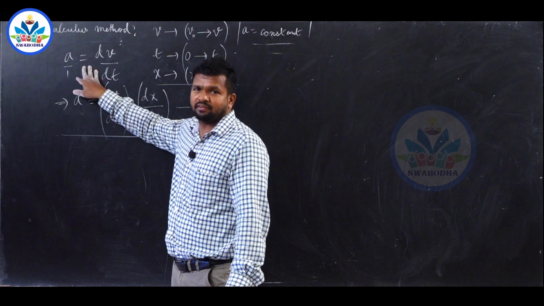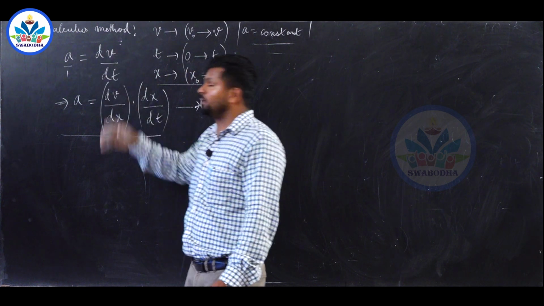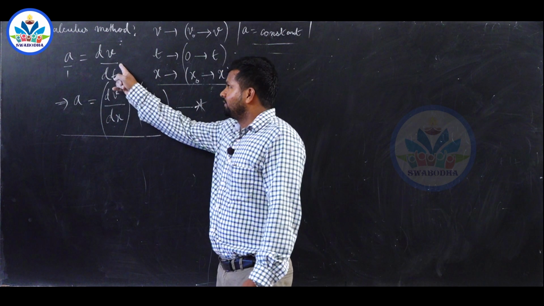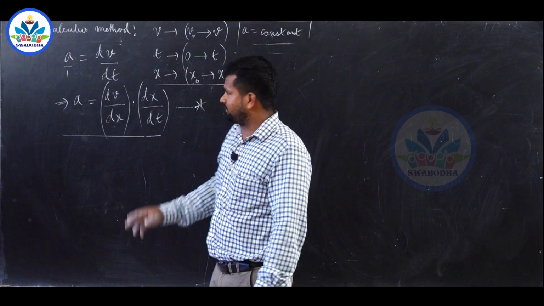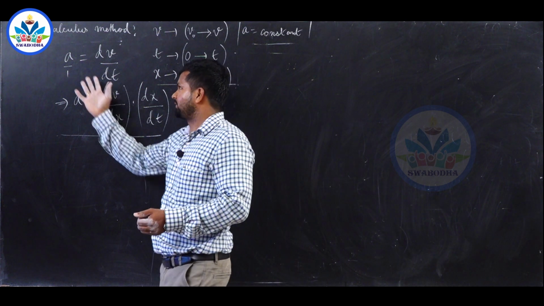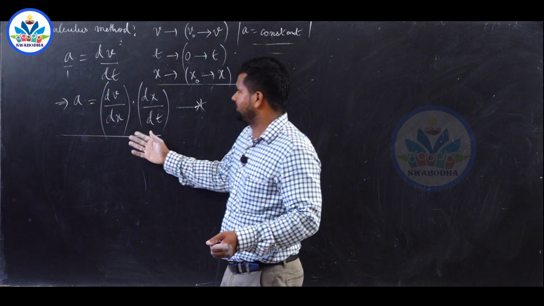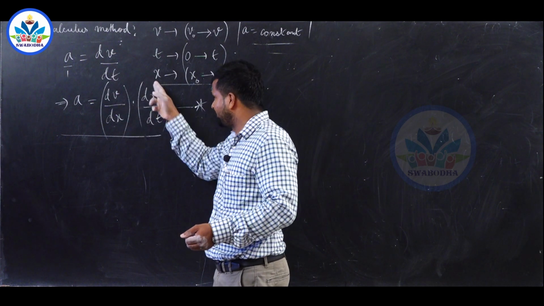The first step is the same for the first equation and the third equation: definition of instantaneous acceleration, a equals dv by dt. For the first equation, you cross multiply and start integrating, but to derive the third equation, you need to rearrange dv by dt like this, dv by dx into dx by dt.